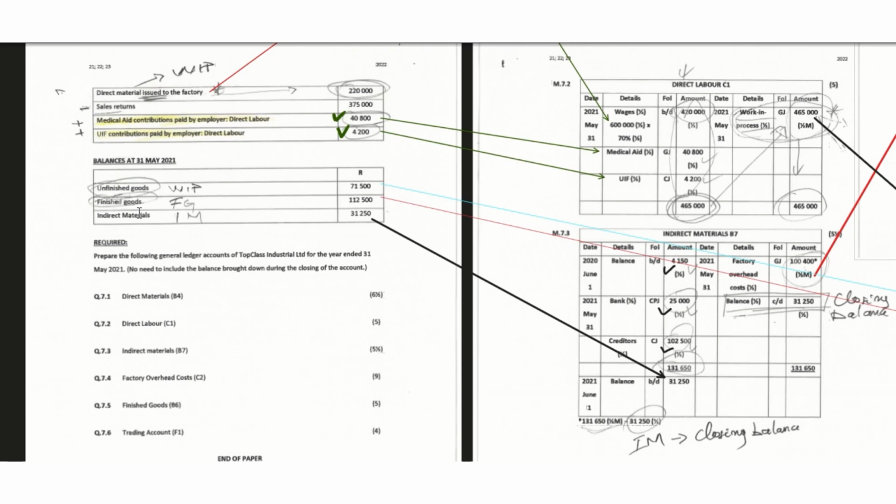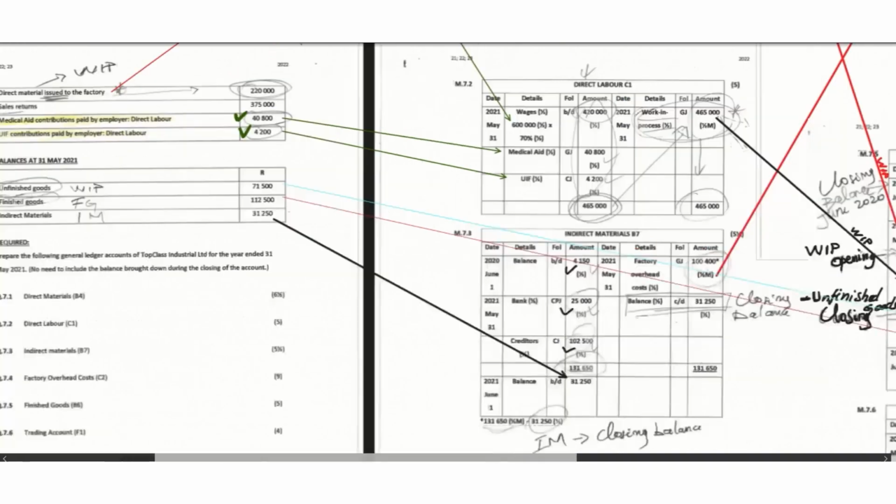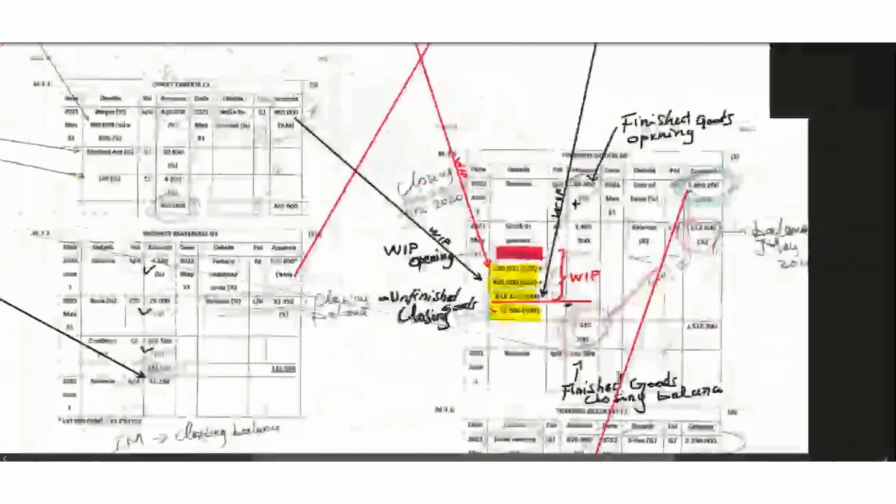There is a difference between a work in process, something that is still being manufactured or produced, and something that is finished. So when you have a closing balance for finished goods, it means that these finished goods were not sold. Very important. I will not clarify this more. It's so important for you to understand that.